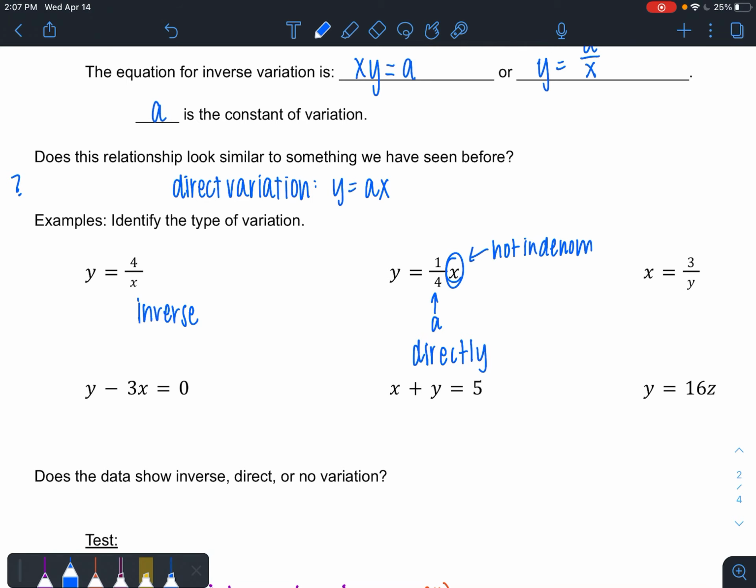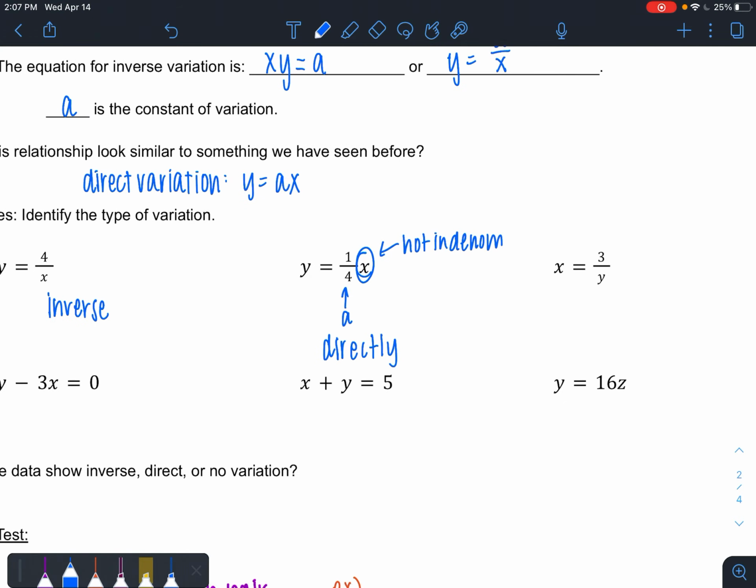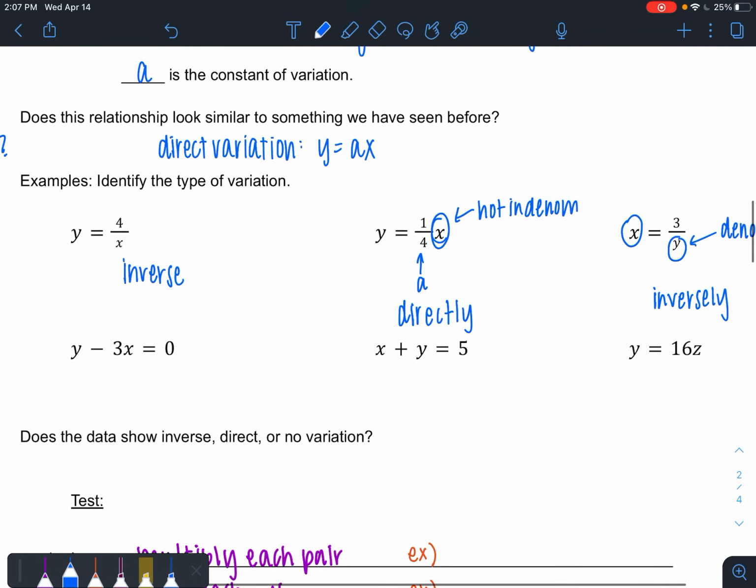For this one, x and y is in the denominator, so this is going to vary inversely. For this next part, I'm going to add 3x to both sides first. So y is equal to 3x. Now this is going to vary directly.